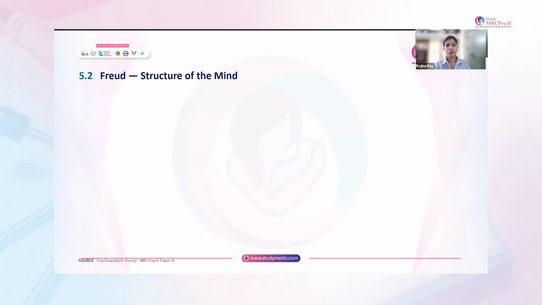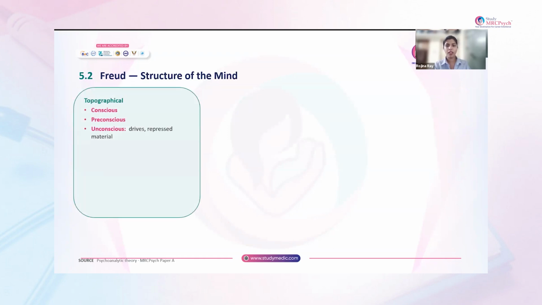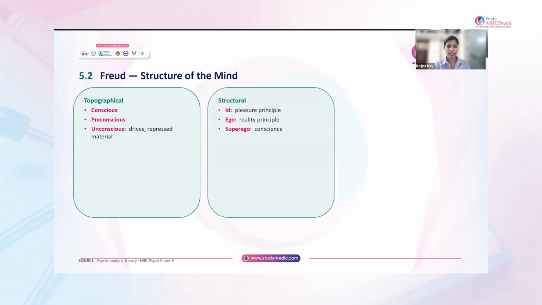Moving on, Freud also proposed two models of mind, that is a topographical model, which describes the levels of consciousness, and the structural model, which explains how the personality functions. So if you look at the topographical model, he divided the mind into three levels. Remember the iceberg theory.